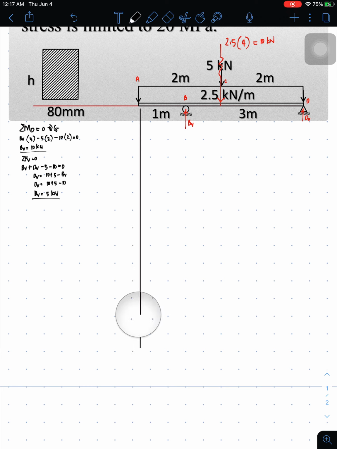And we're ready to plot the 0 shear line.